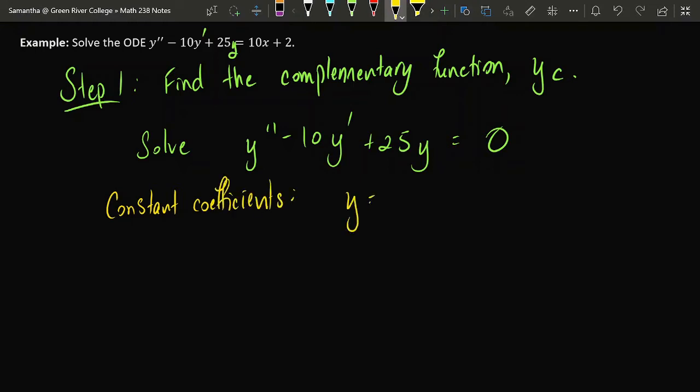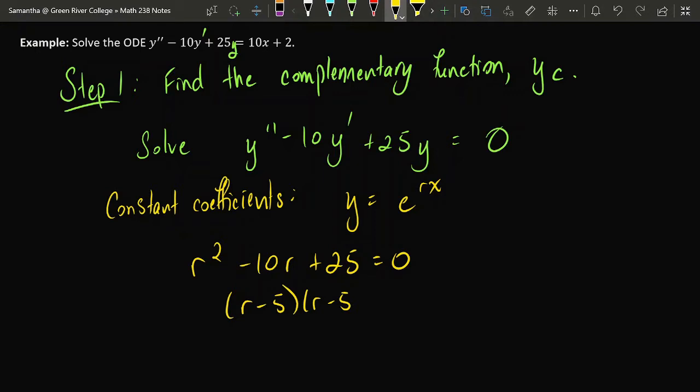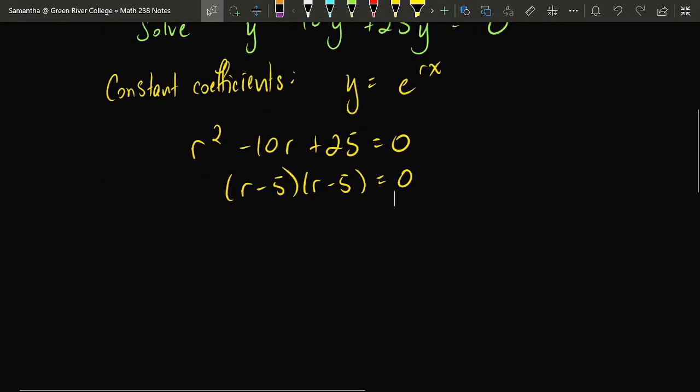So I'm going to guess that my solutions have the form y equals e to the rx. So I get the auxiliary equation r squared minus 10r plus 25 is equal to 0, which factors as r minus 5 twice. So I have a repeated root of r equals 5.